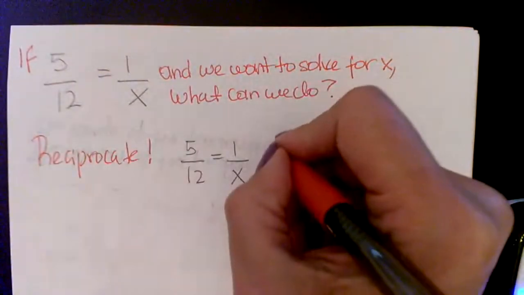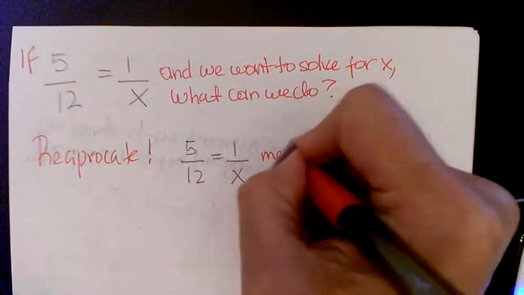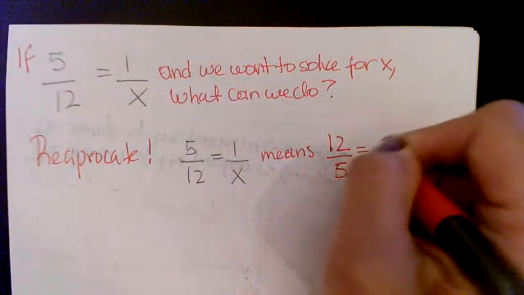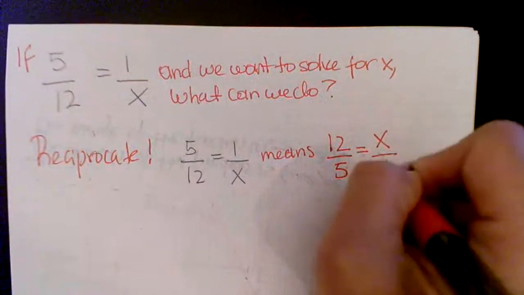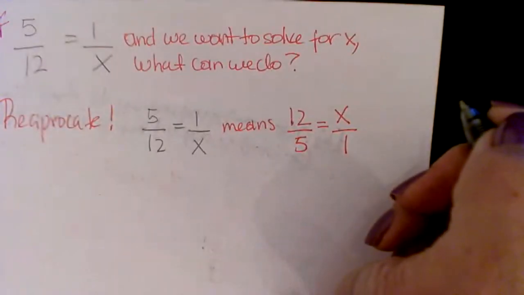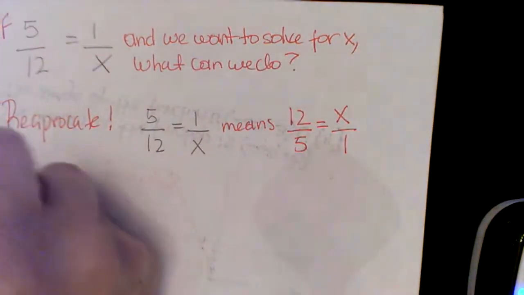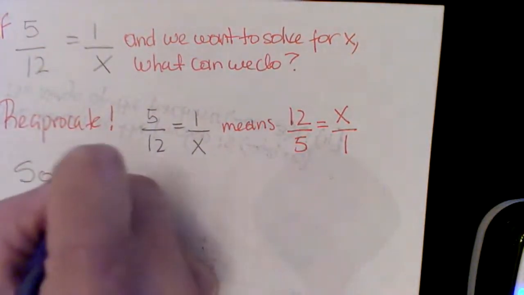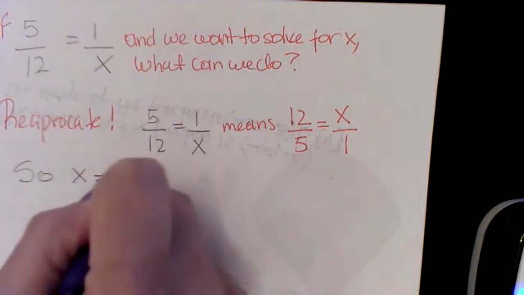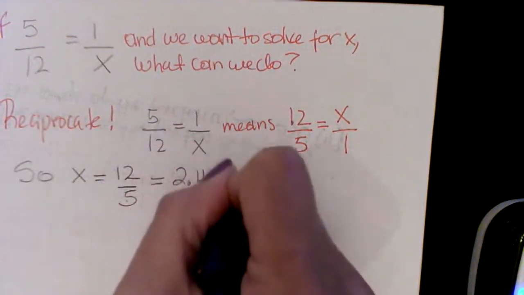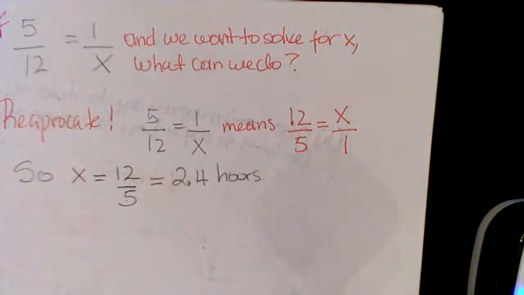When we do that, 12/5 equals x/1. So then we got it. x is going to be equal to 12/5. And what is 12/5? 2.4 hours. Okay?